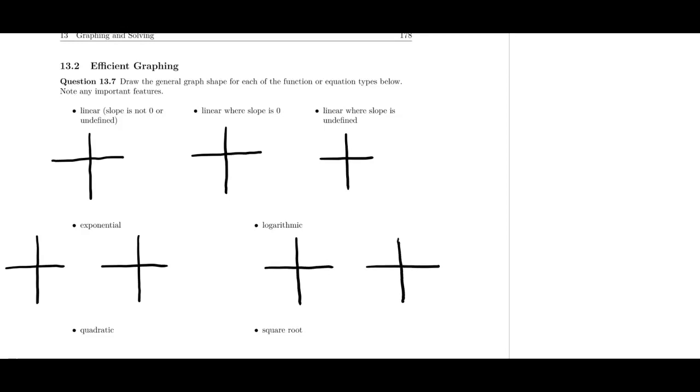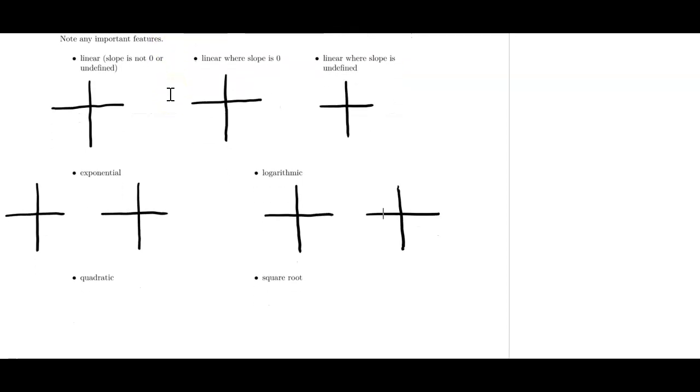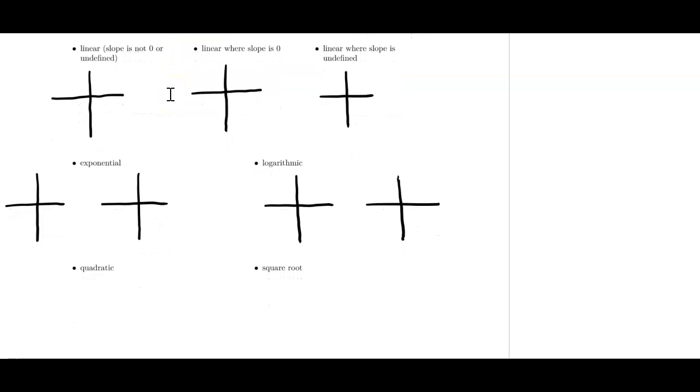I'm drawing these first because we want to think about the general shape of these, a rough sketch of what these different types might look like. Actually, on quadratic, I'm going to do two different ones also.